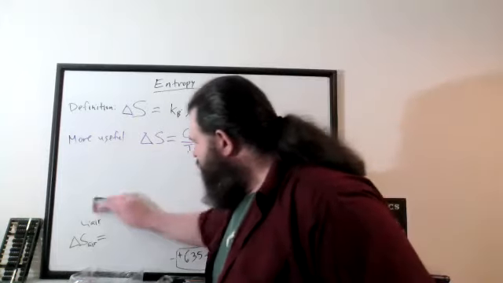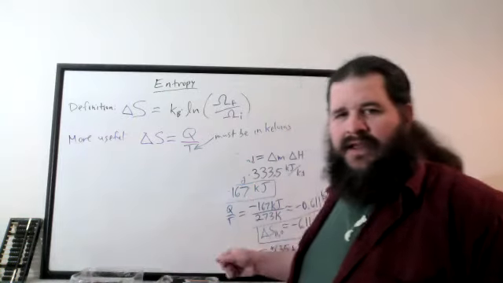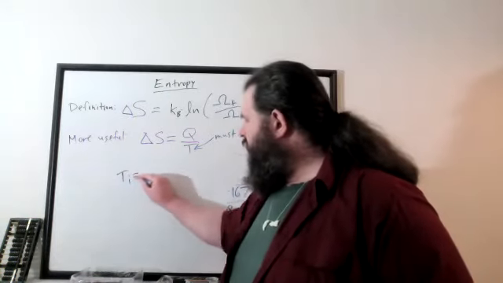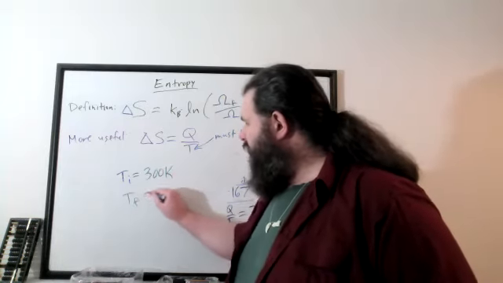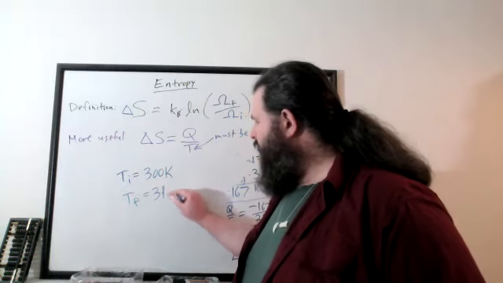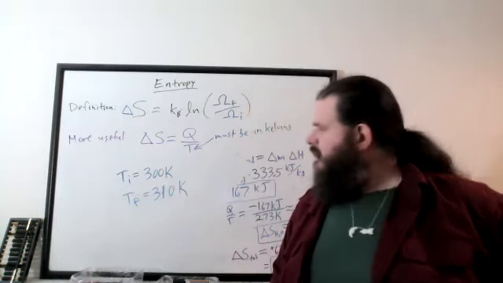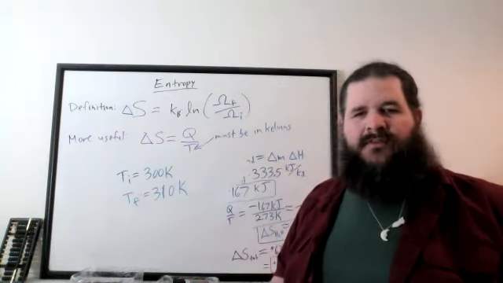Like if you've got something changing from, let me put it in Kelvin for now, let's say the initial temperature is 300 Kelvin and the final temperature is 310 Kelvin. If you calculate it at both instances, the problem is heat is not a property that the system has right now.